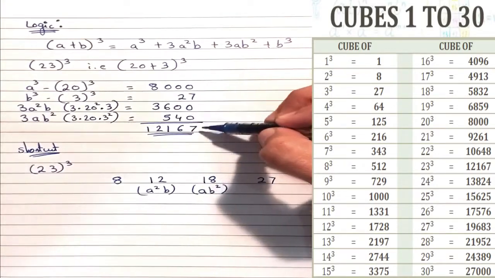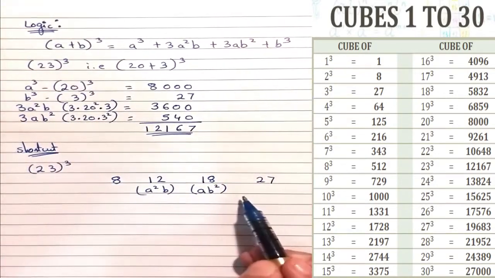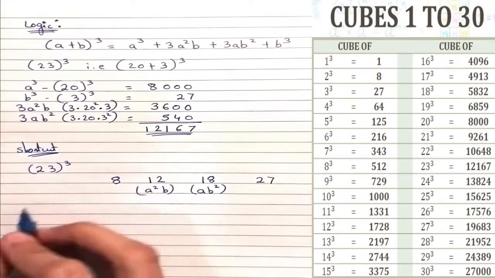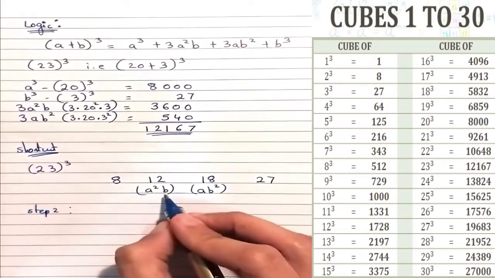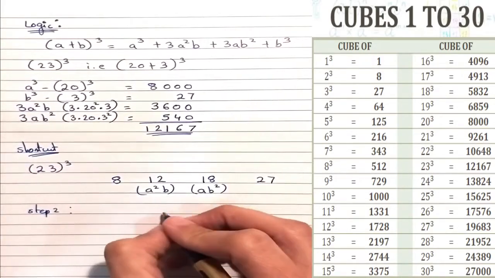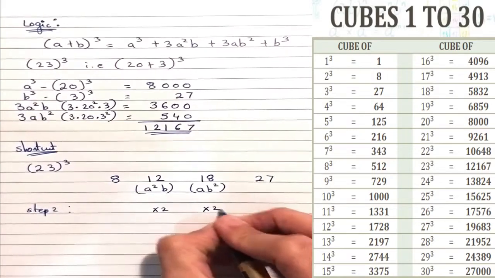And a cube and b cube we have taken as they are. Now in step 2, what we have done is we are multiplying these middle two numbers by 2. We are just doubling it.